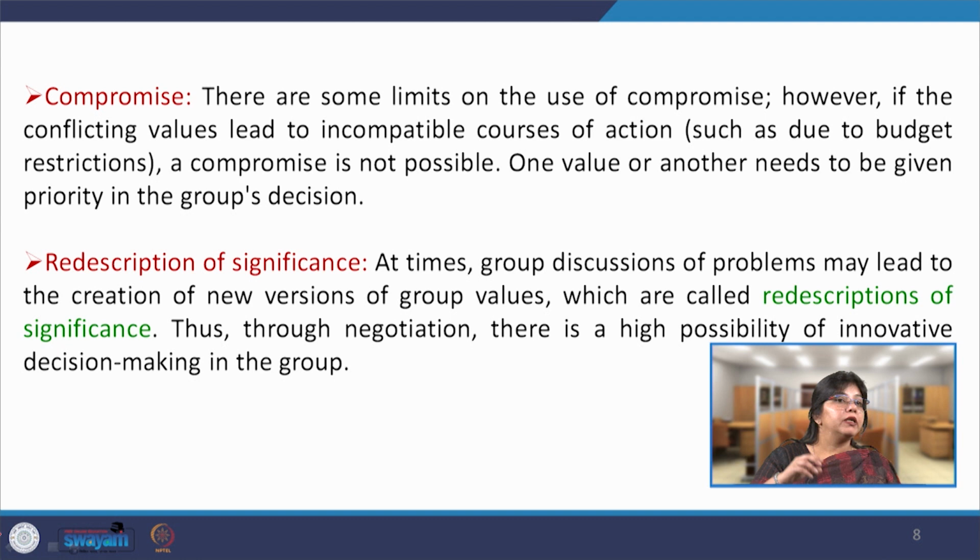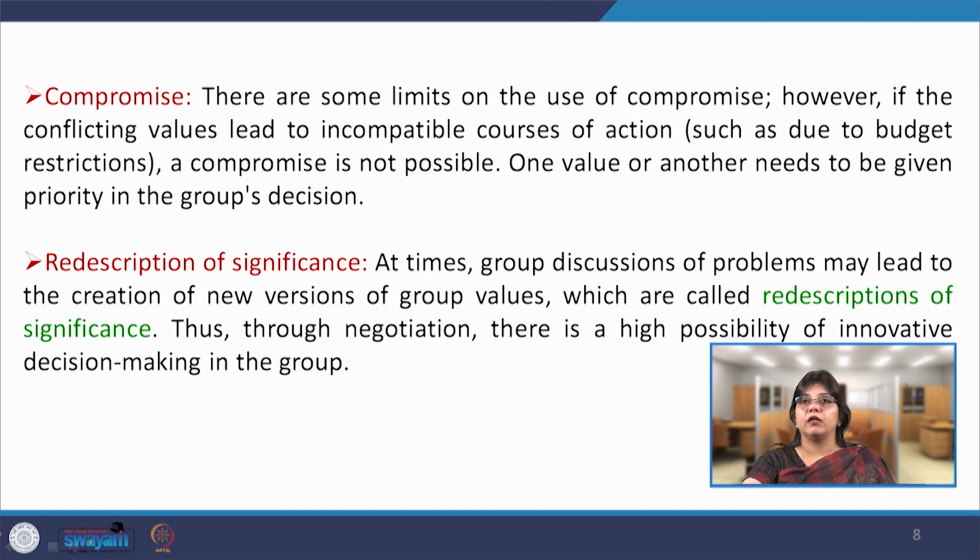So, priority here can be what is required. What is required is more important and this leads to a compromise. So, this is another group value which leads to appropriate decision making based on a particular leadership style. So, this is the group value that creates a relationship between leadership and decision making. There are limits when we have to put some limit on some issues and we have to give up something for the other.